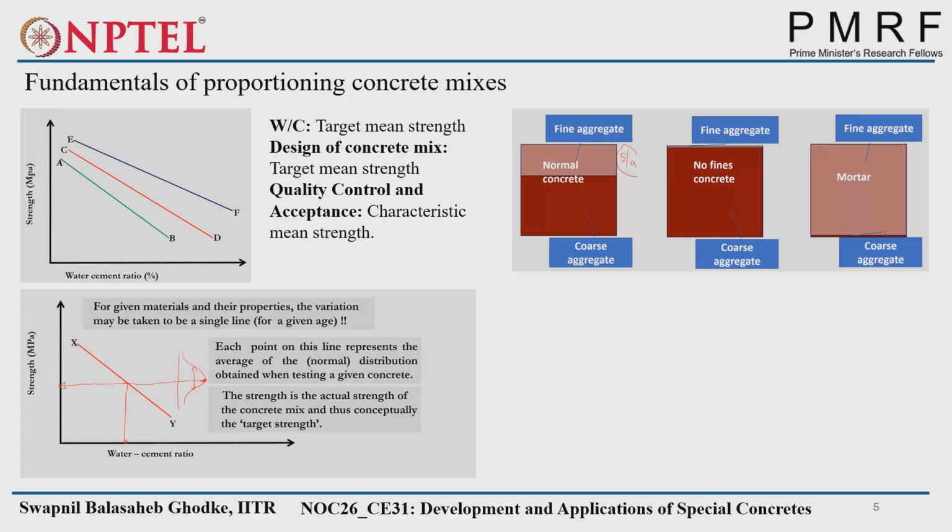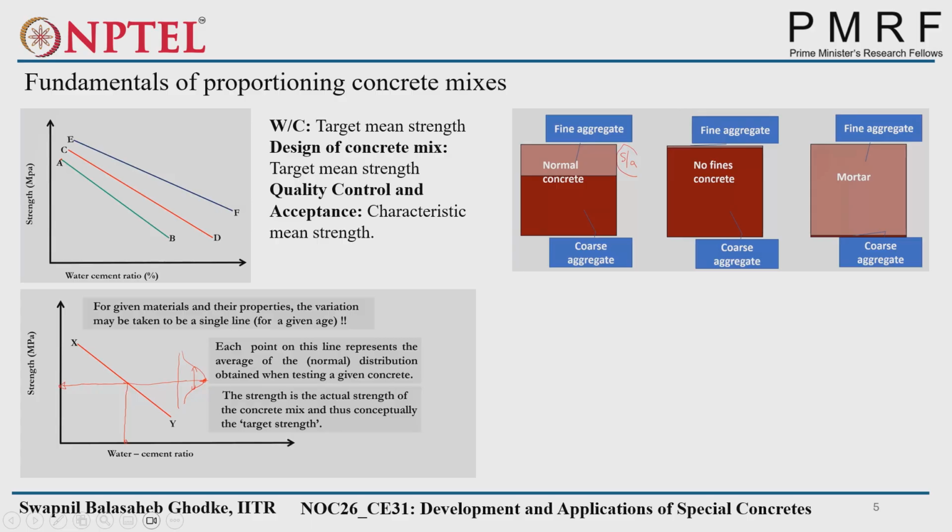So sand to aggregate ratio, in normal concrete it is around 32 to 45%. If the sand to aggregate ratio is very low, it means the aggregate content is very high, right? If the aggregate content is very high, we call it no fines concrete.